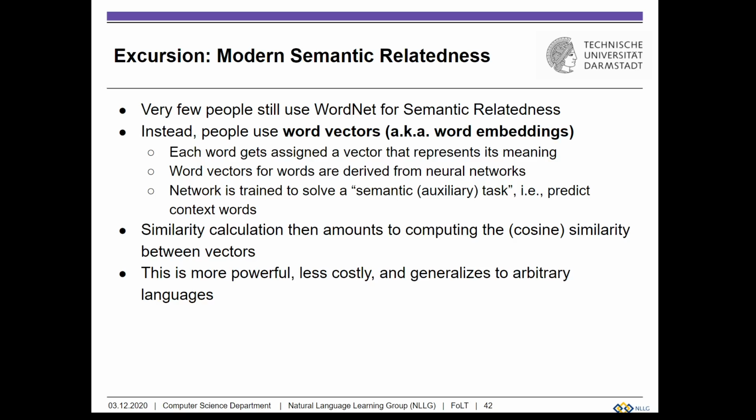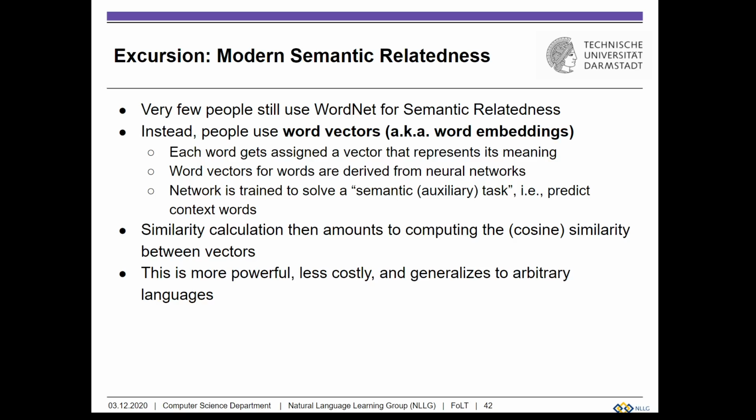Instead, what people do is they use word vectors, also known as word embeddings, to compare two words. Each word gets assigned a vector, and this vector represents its meaning. The word vectors are derived from neural networks, as we have briefly discussed in a previous lecture. The network is trained, so you optimize your network to solve a semantic task, and this semantic task is predicting context words.